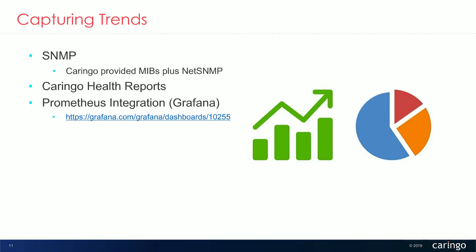And in fact, we publish on grafana.com, that link you see there, the dashboard that we've put together for that purpose. So anybody can go out to grafana.com and they can see the Caringo dashboard that's been published there, and they can take advantage of that and use it as well.